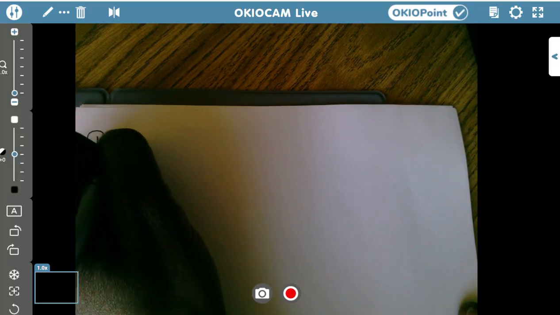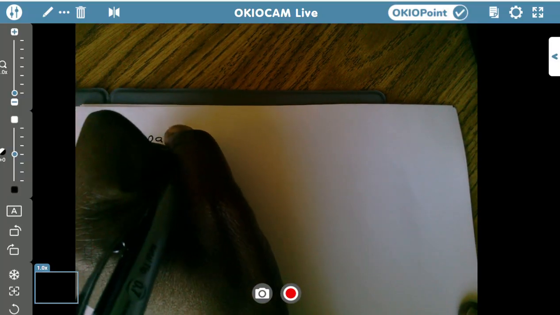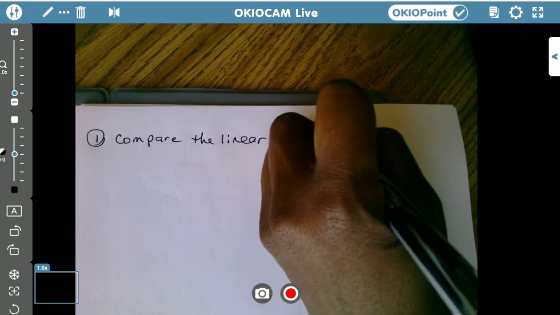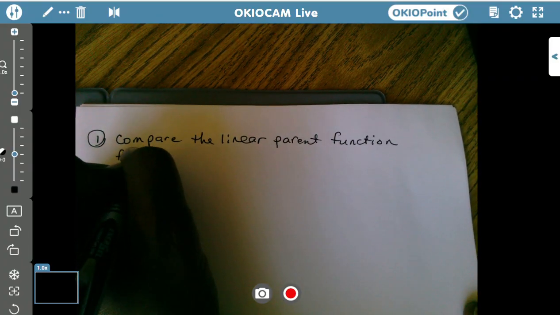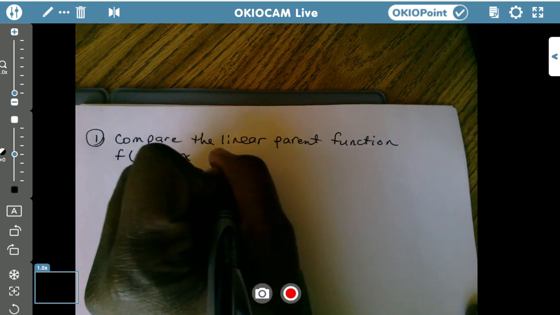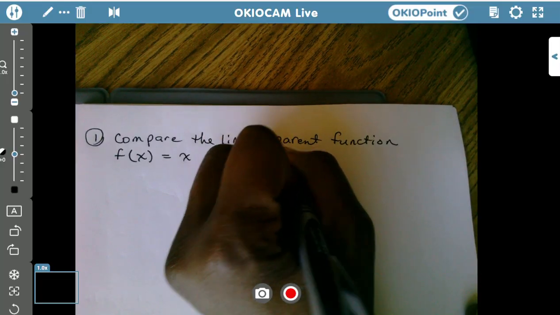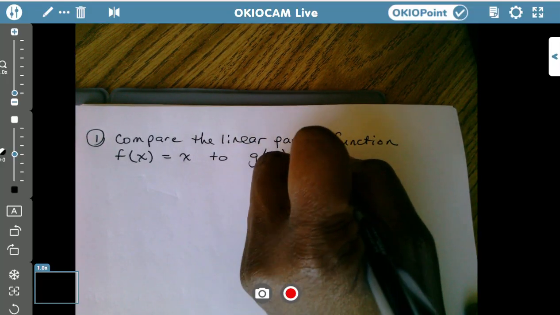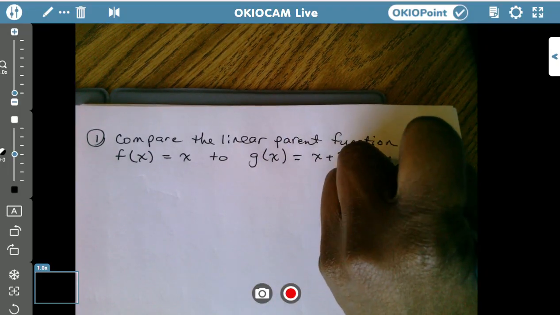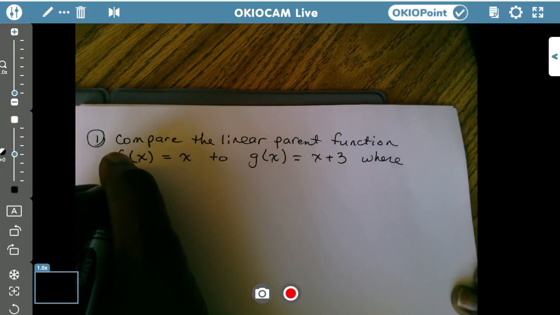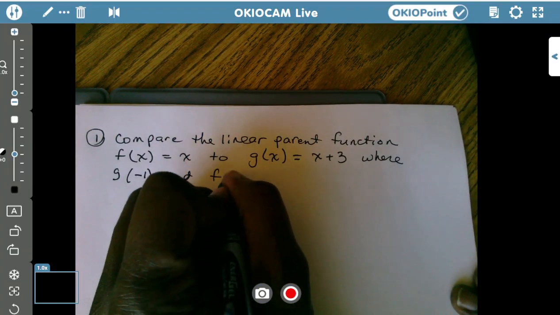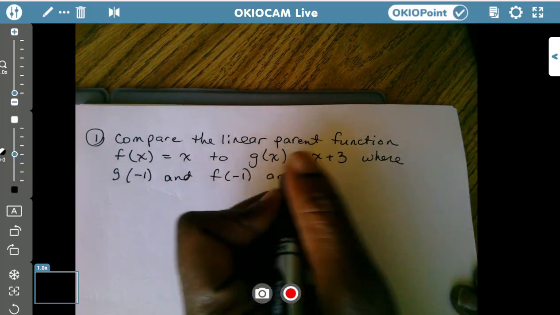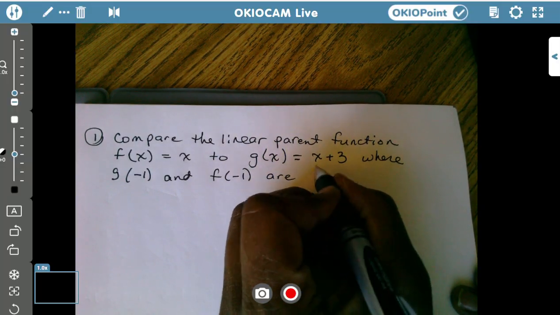We are going to compare the parent linear function f of x equals x to g of x equals x plus 3, where g of -1 and f of -1 are compared.